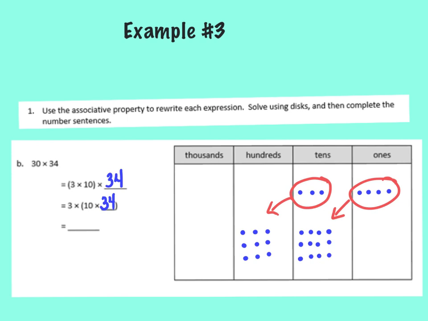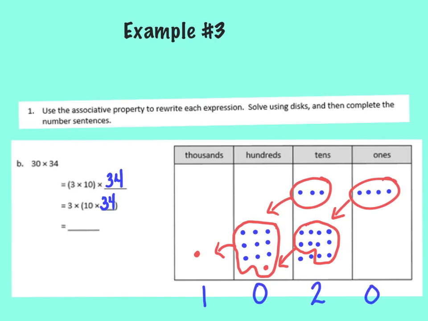We can also see now that there is a bundle of 10 in our tens place, so we can move these over to equal 1 hundred. Now we also have a bundle of 10 in the hundreds place, so we will move this over to make 1 thousand. Now we can see we have 1 thousand, 0 hundreds, 2 tens, and 0 ones. So 30 times 34 is 1020.